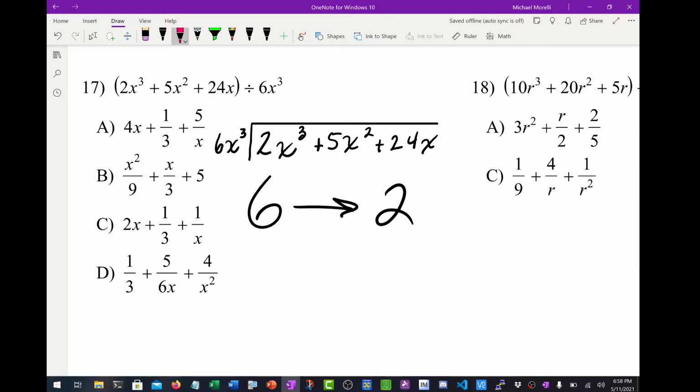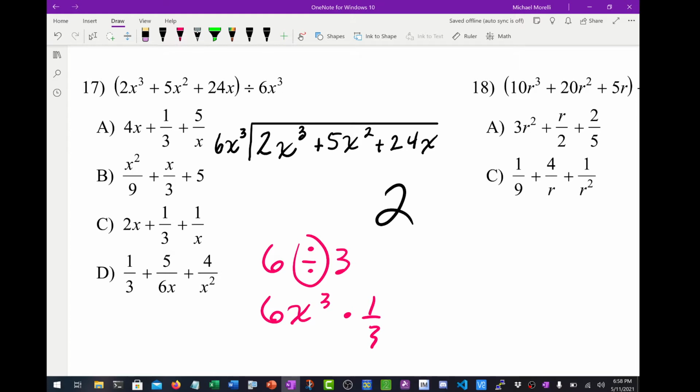Well, the idea here is to take 6 and divide it by 3. And that would certainly turn the 6 into a 2, but we're not going to be using division, so we think about something like this: 6x cubed times 1/3. Okay, that's going to have the same effect as dividing by 3, multiplying by 1/3. So this is the kind of thought process that has to go through your mind.